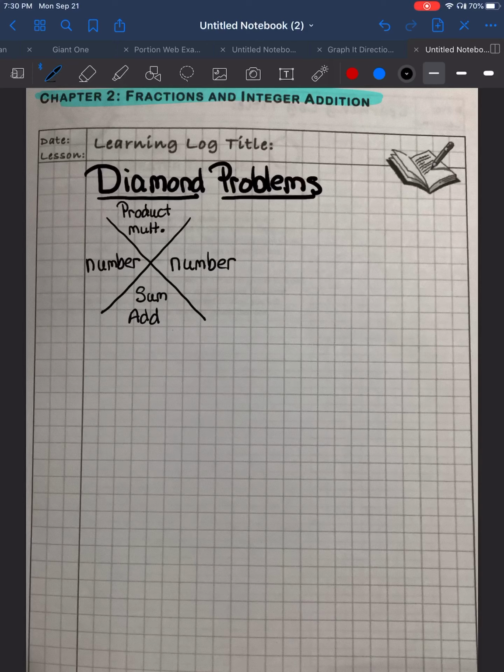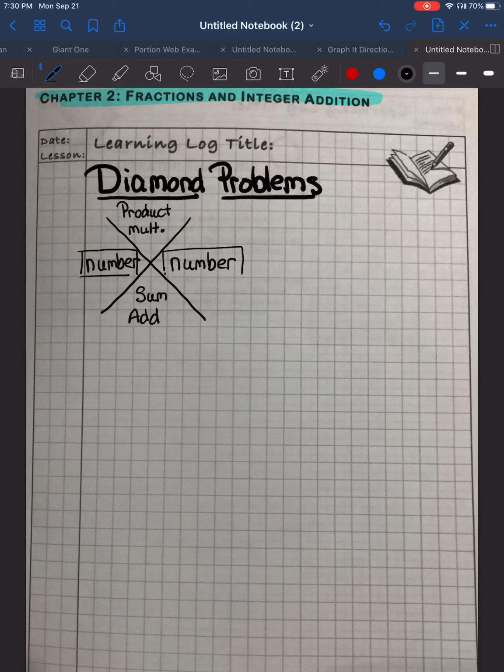So diamond problems are just a pattern for solving these funny little problems. And it seems like why, but they become really useful next year, which I end up telling you a lot. So good on your eighth grade teachers that we're learning all this. But what happens is in a diamond problem, we have a number on each side, right?